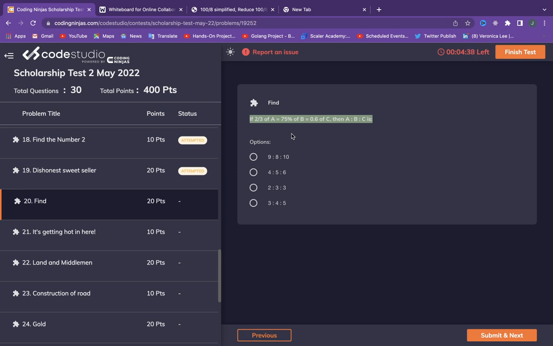So multiply everything with 3 and 4 and what? So 6 by 10 is basically 3 by 5. If I multiply everything with 5 into 3 into 4, so this would be 5 into 4 into 2, 40. 40a.